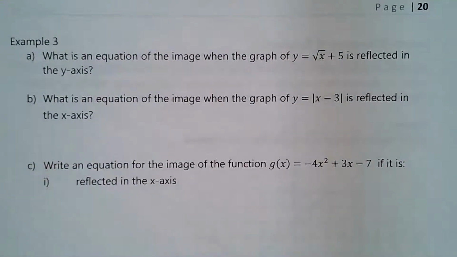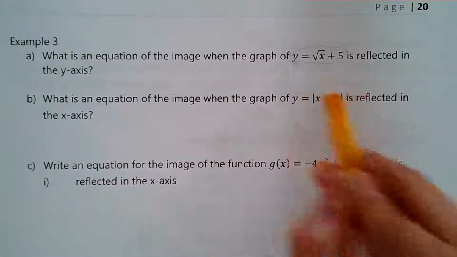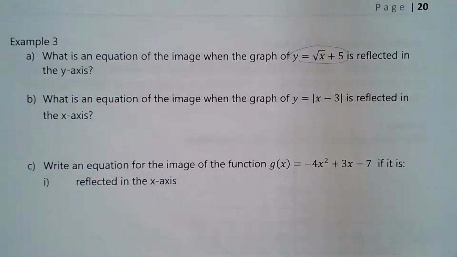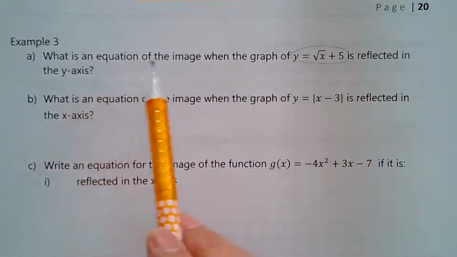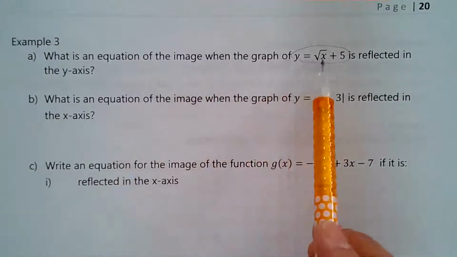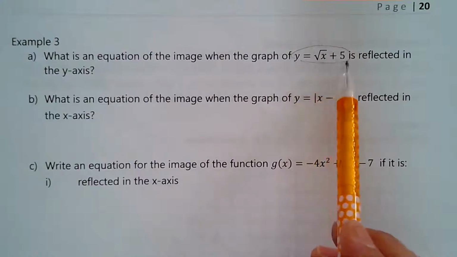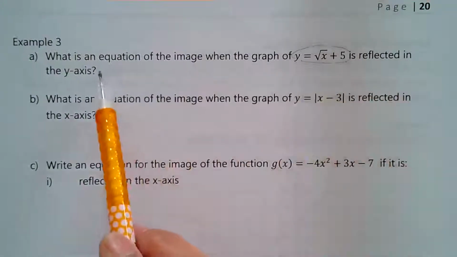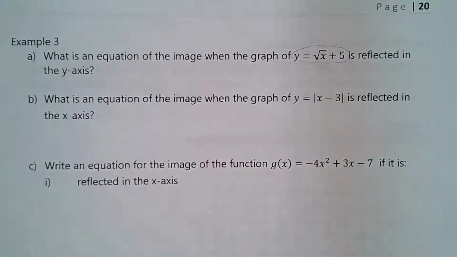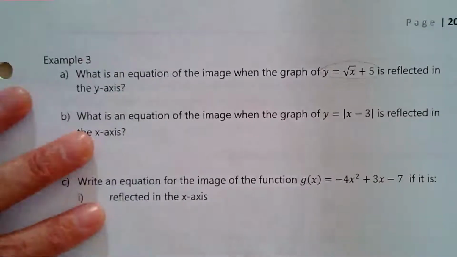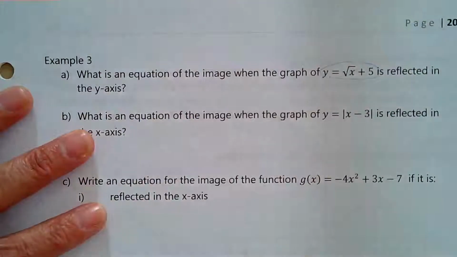Now let's take a look. Example number 3 is a specific function, not a graph. What is the equation of the image when the graph of y equals square root of x plus 5 is reflected in the y-axis? Reflected in the y-axis means, which one is the negative?